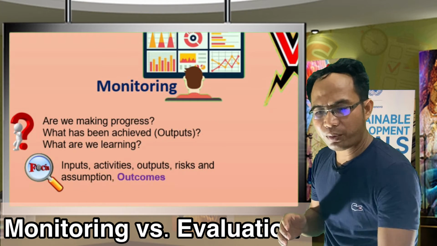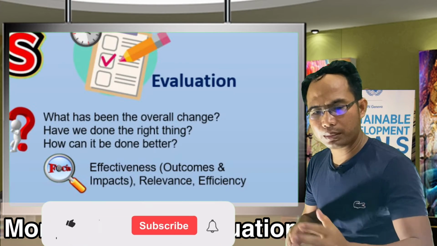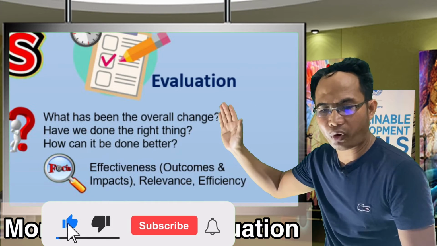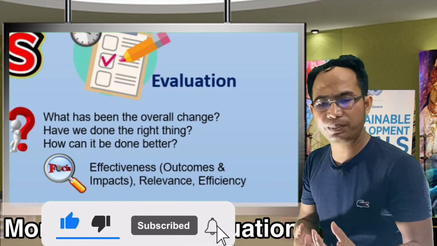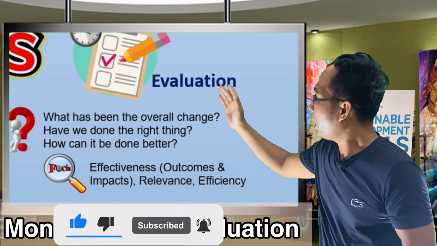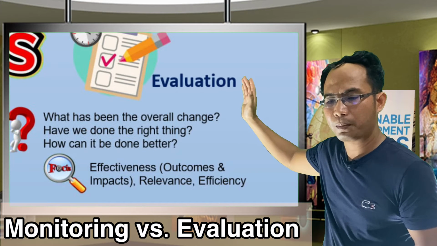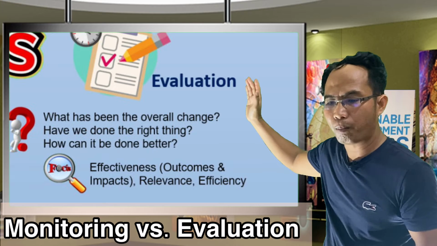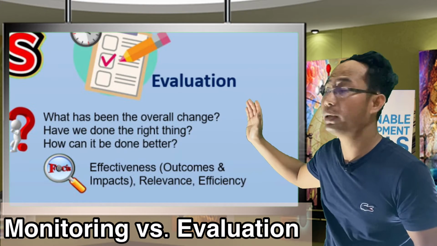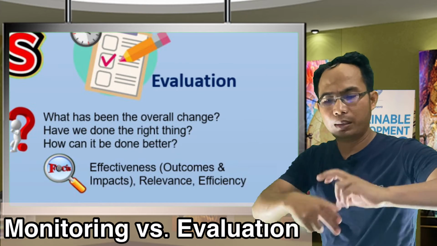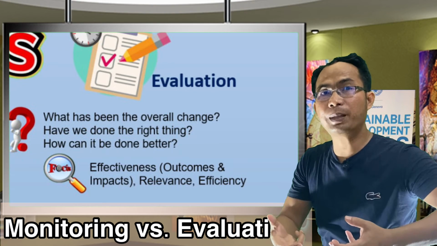Now look at the evaluation. Monitoring focuses more on the inputs, activities and outputs, while evaluation focuses more on the outcomes and impacts, which is another term we use for the effectiveness of the project.